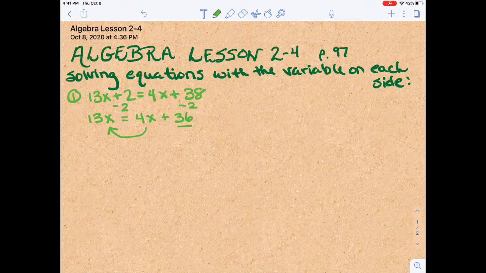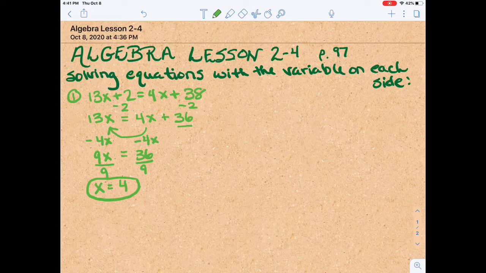Sometimes you might work an extra step if you don't do it the trickiest way, but that's fine. I'm going to subtract 4x here. That will give me a 9x over here, and that equals 36. I need to get x by itself, so I'm going to undo this times by dividing and get x equals 4.